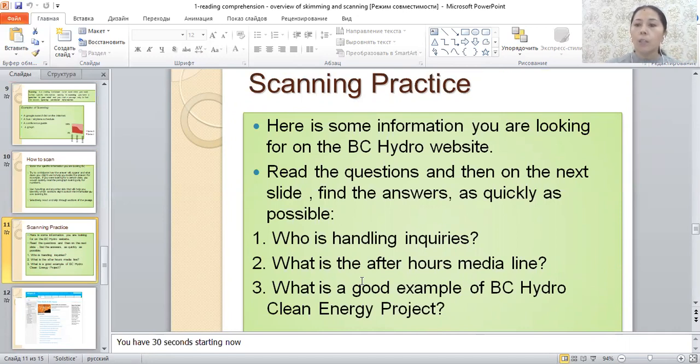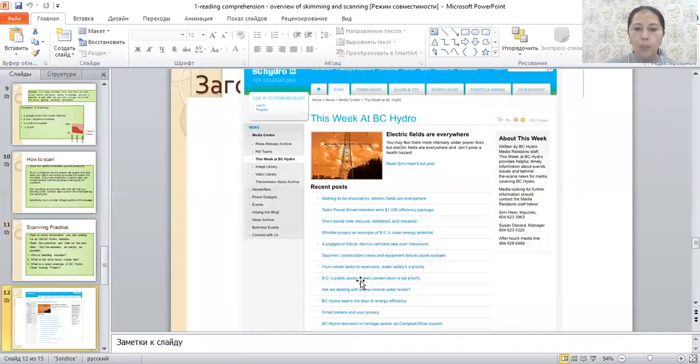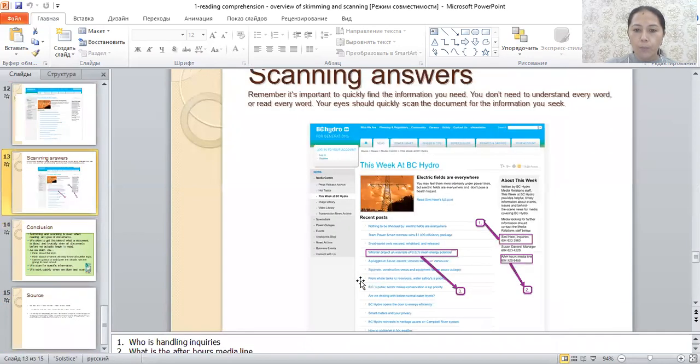This is some kind of noun, the process of the next step. And then what is a good example? So we should find BC's hydro clean energy projects as a good example.